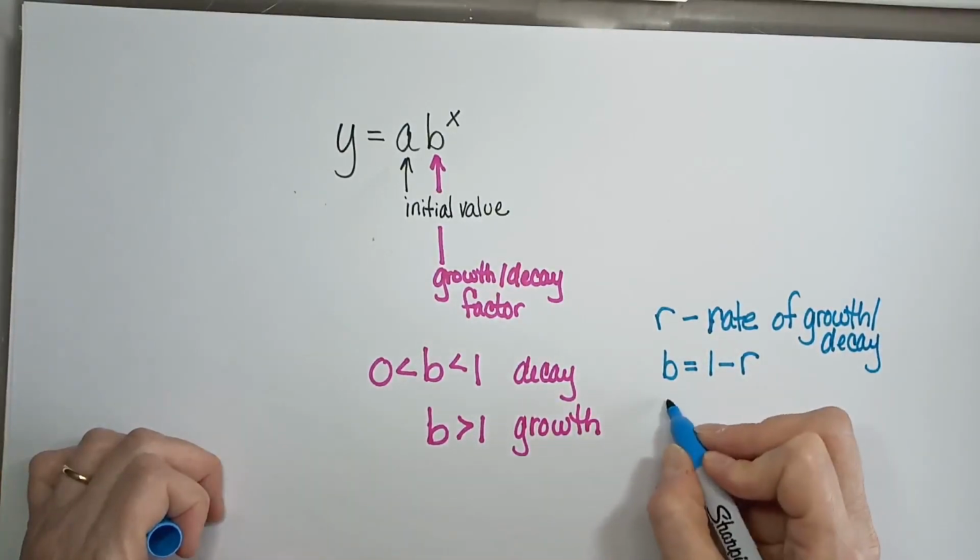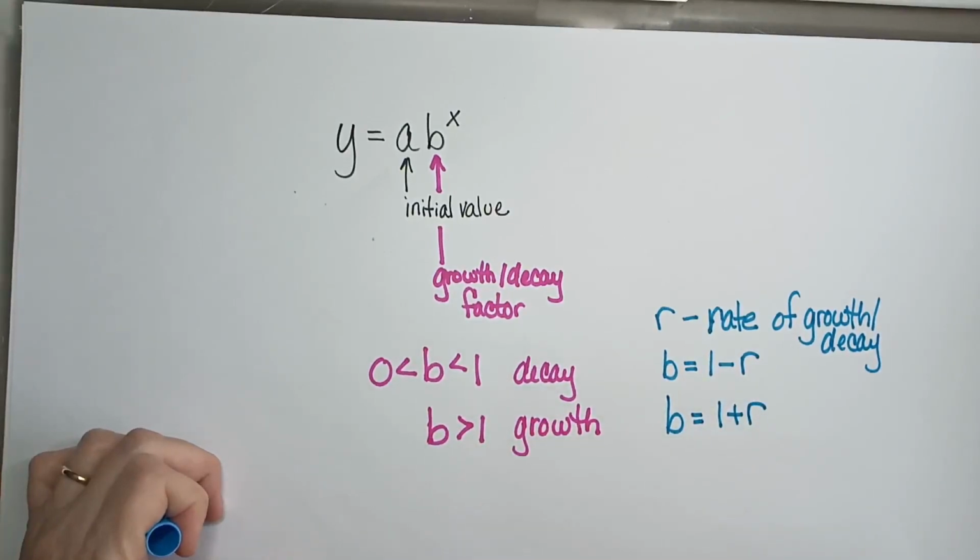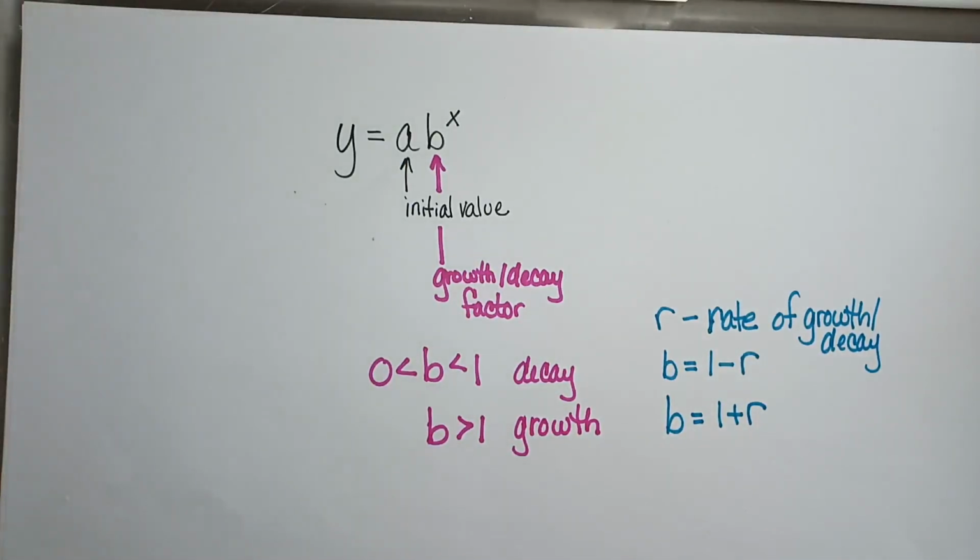Okay. And b equals 1 plus r if we are talking about growth. Now I wanted to review that. We are going to be using all of those ideas and principles to do a few word problems today.